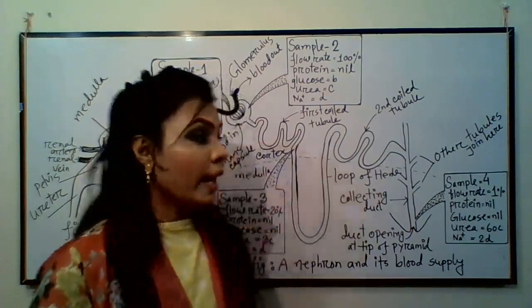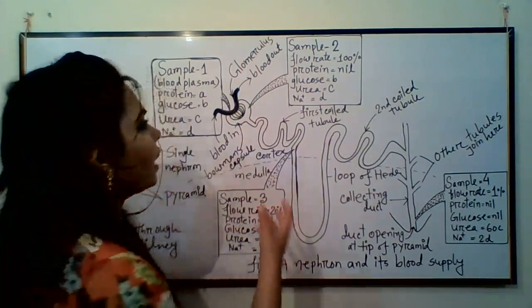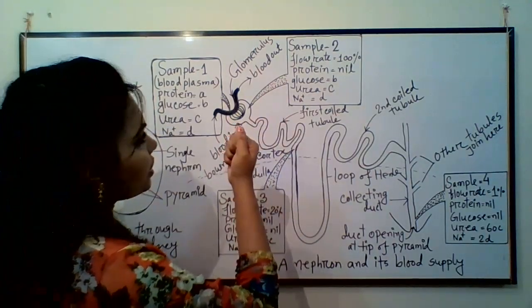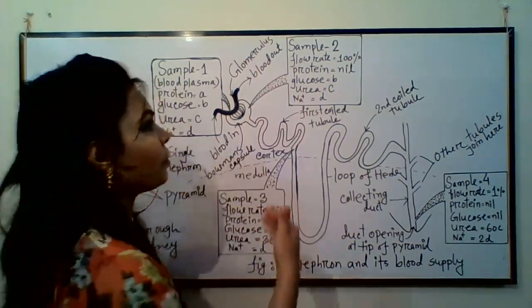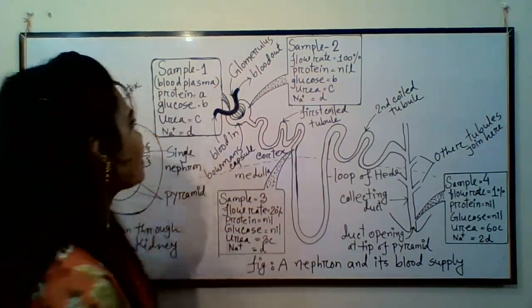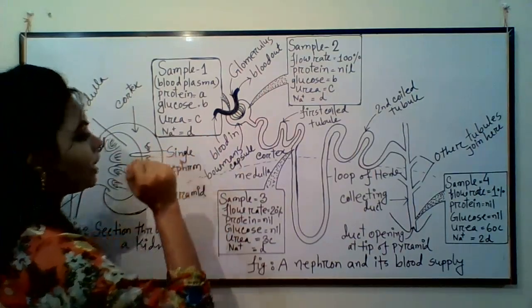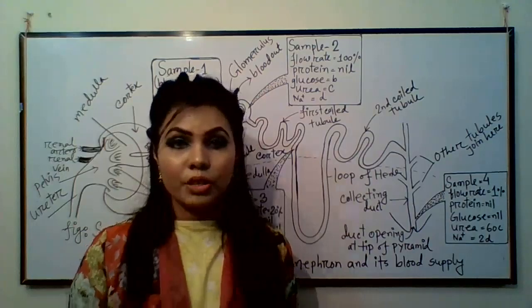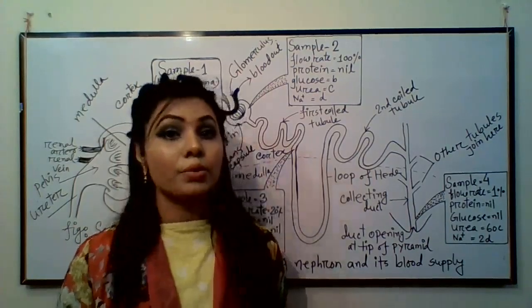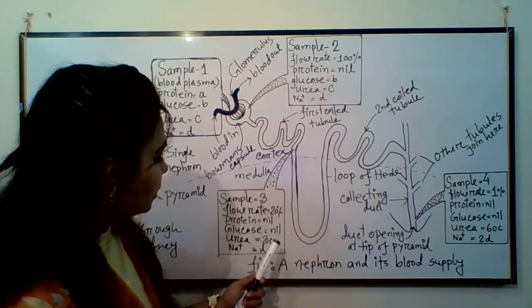And to make it easier, the dissolved solutes in the glomerular filtrate are represented by letters like A, B, C, D. And you can tell the relative concentration at different points, like C and here 3C.